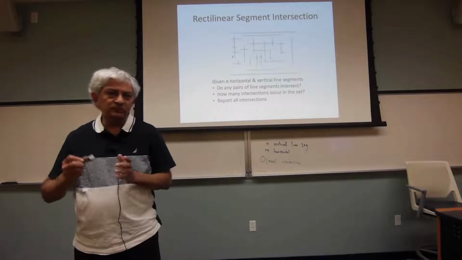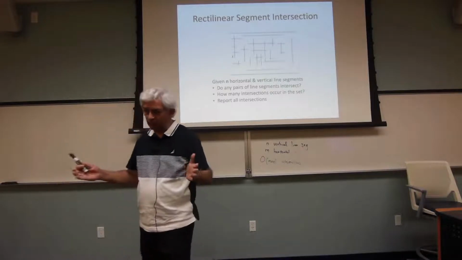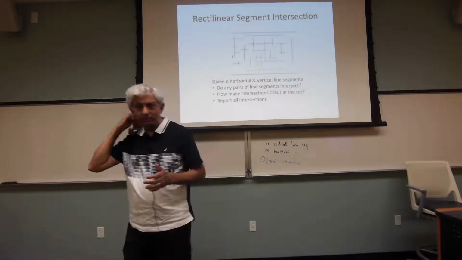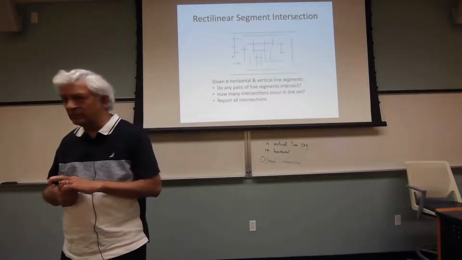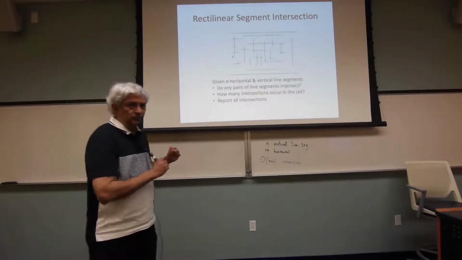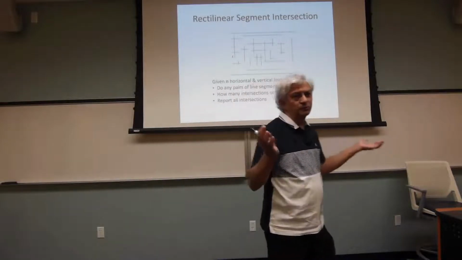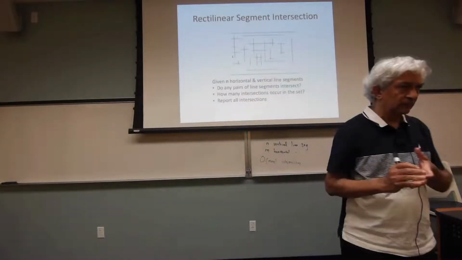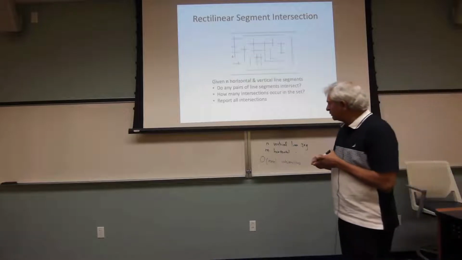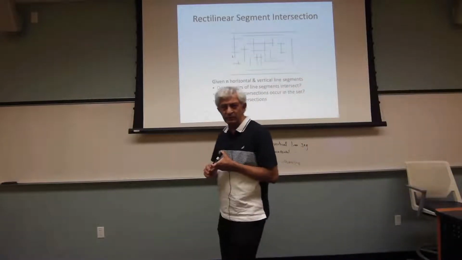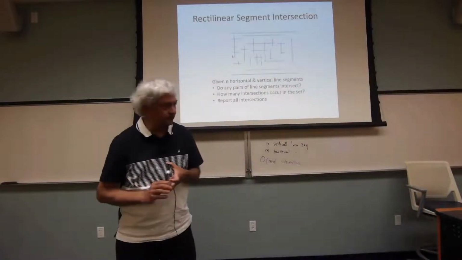And you want the time that you spend to be proportional to the number of intersections you have. If it is small, you want to spend a small amount of time. If it's large, then it's okay to spend a lot of time. Okay? And the question is, how do we do it in this output sensitive way?